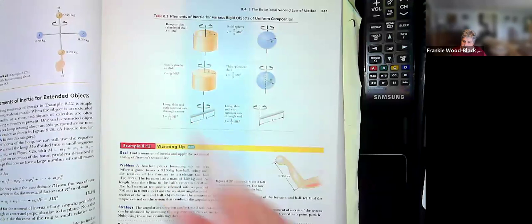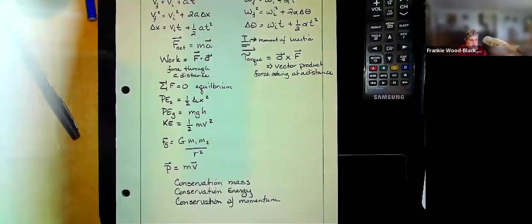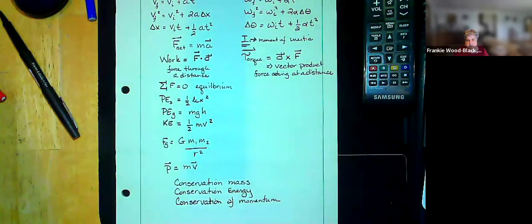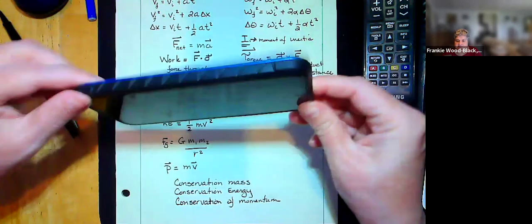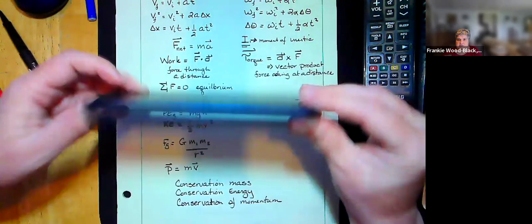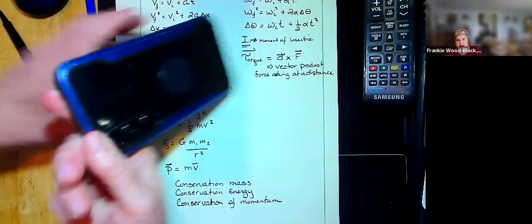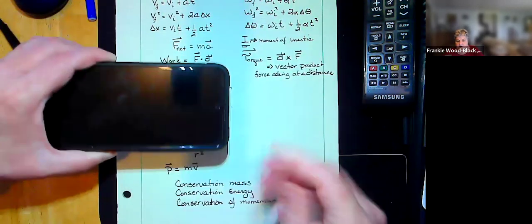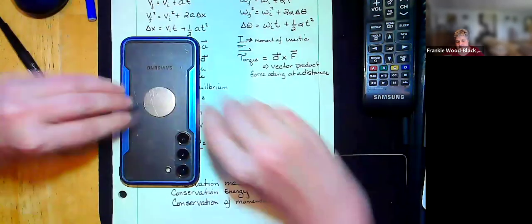Because we all know that if I'm rotating my object or I'm spinning my object, and I'll take my cell phone as the example, if I'm spinning it around this axis, that's different than if I'm spinning it around this axis, or if I'm spinning it around this way, or if I am spinning it around this way.